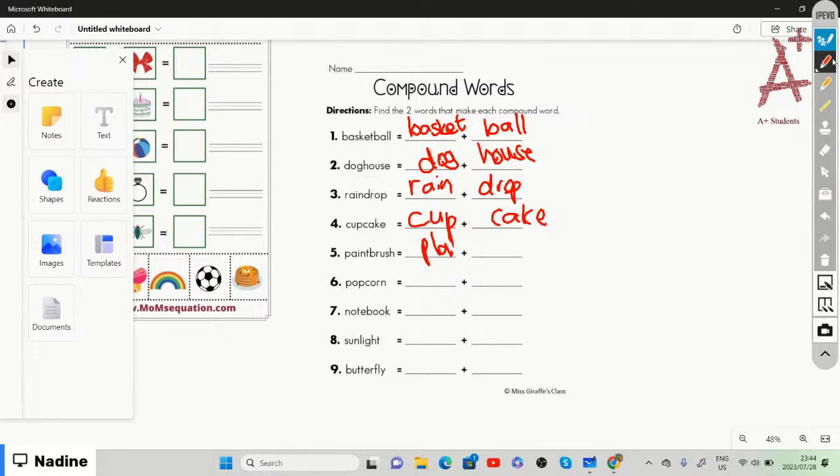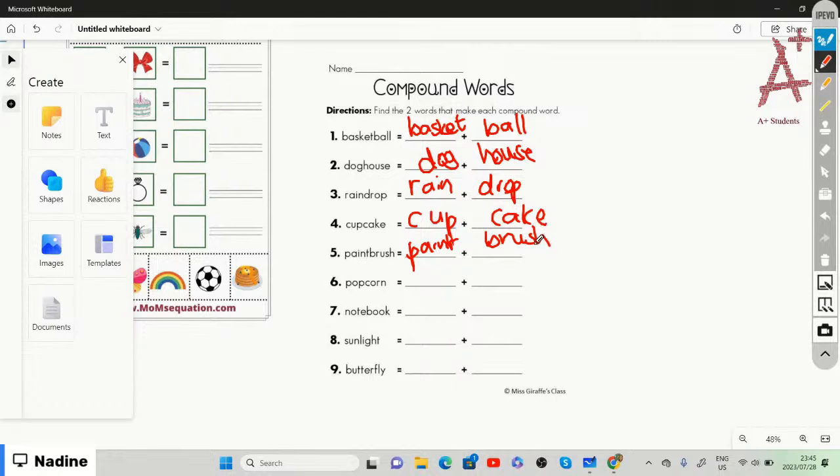I apologize, it is paint, not with an L. So paint plus brush equals paintbrush.